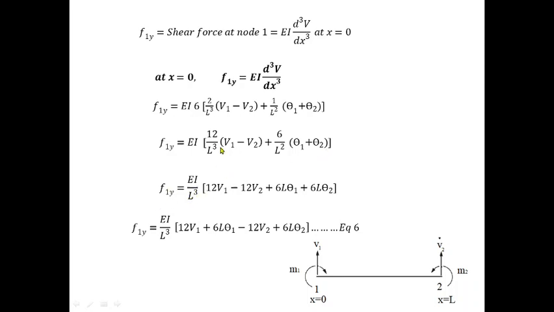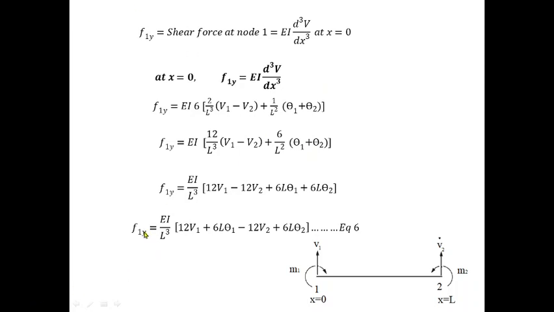Next step, I am taking L cube as common outside. So we have L cube here: 12 v1 minus 12 v2 plus 6, we have only L square here. If you take L cube outside, you need to multiply L in the numerator also. It is 6L theta 1 plus 6L theta 2.